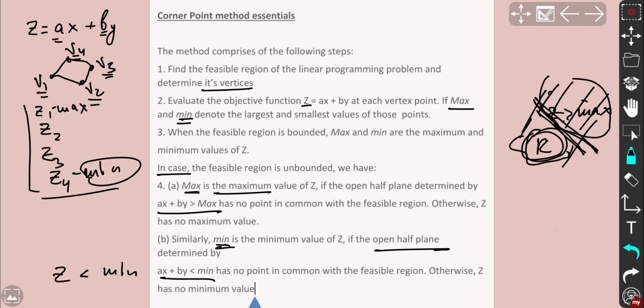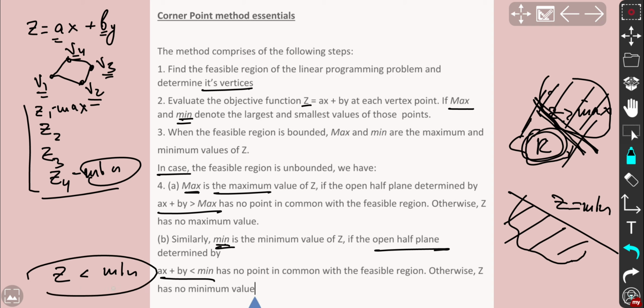Otherwise, let's say this is the region, and let's say your z equals min, a straight line, and that part indicates this inequality, and if they have common points with the region, in this case min is not the minimum value, so z has no minimum value.